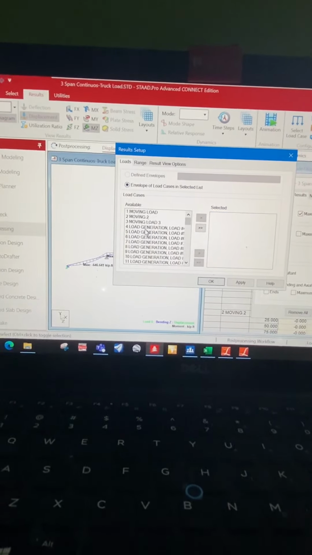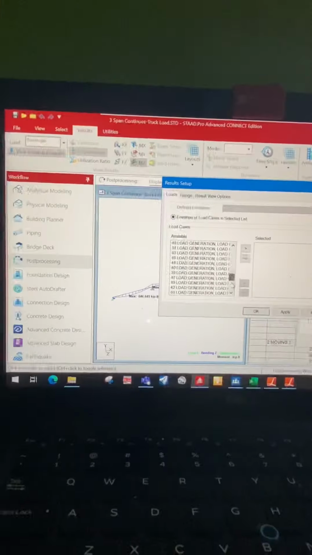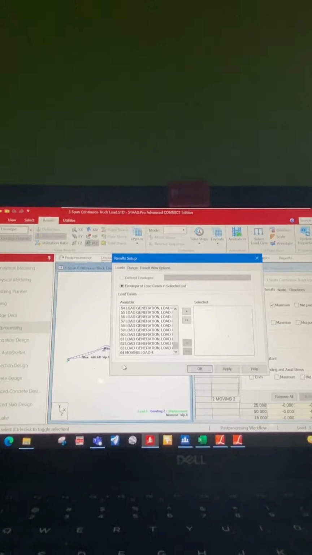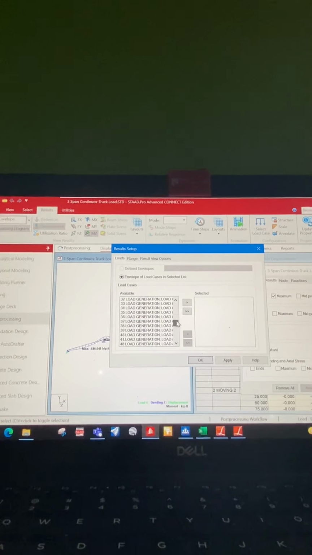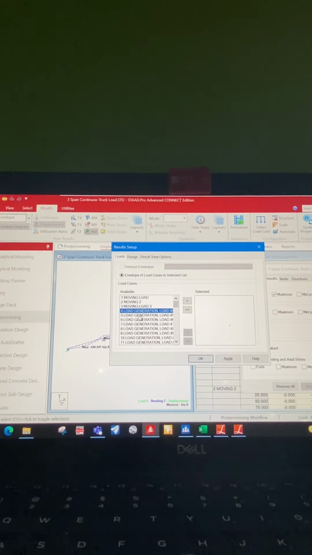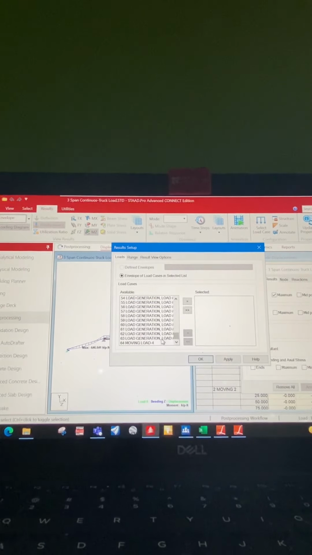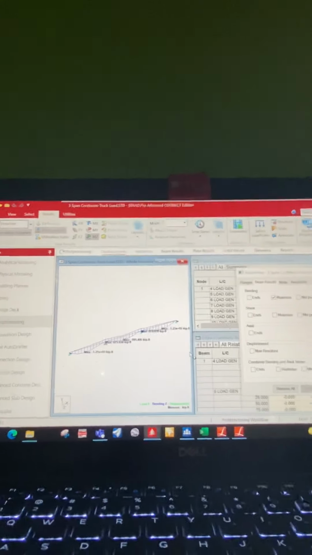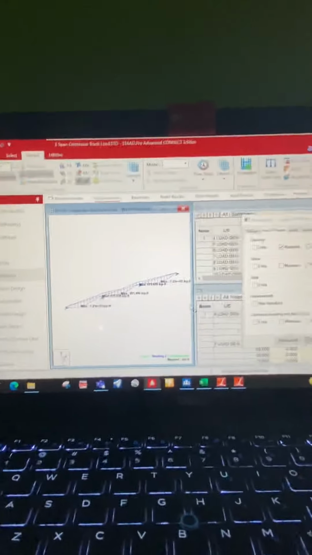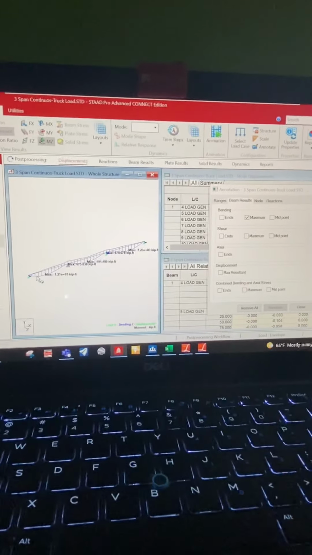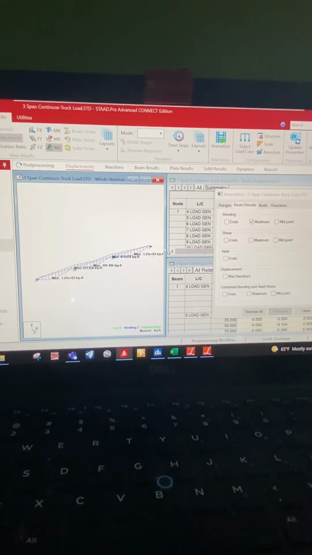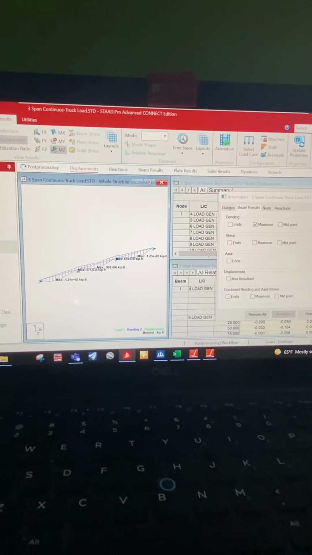moving load. So we came up with the maximum possible moment as 1,210 kip feet for the truckload.